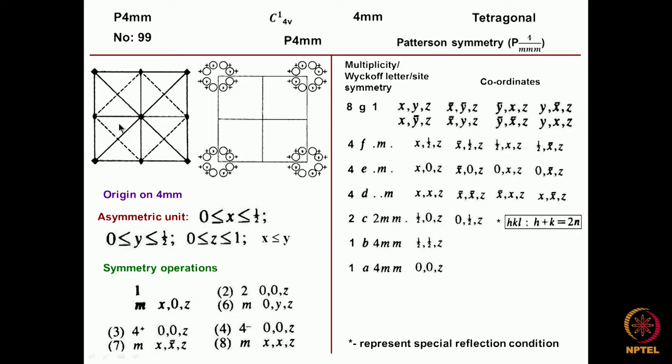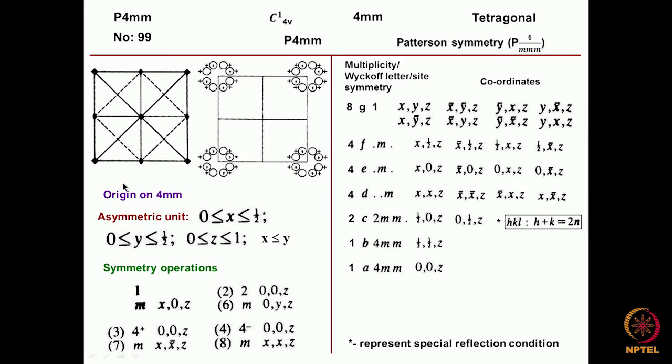Then this generates what is called a glide. What is a glide? Essentially, if I take a point here, where an atom has been put, it is translated by this distance, and then I take a mirror of it across this direction, it will be generated.